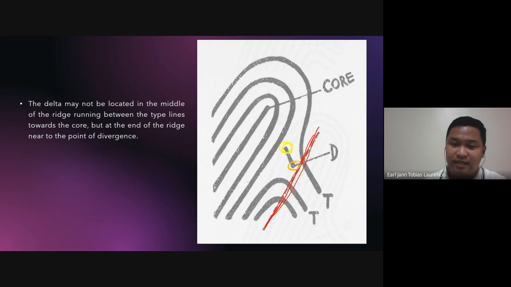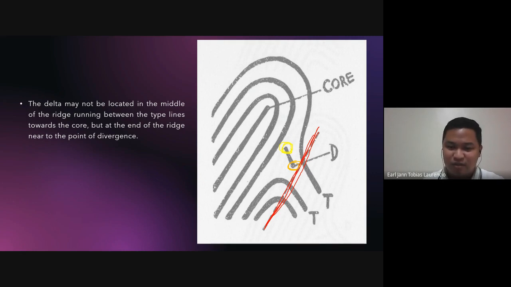Now, the rule is we will be selecting the tip or the end which is near the point of divergence. Therefore, we will be selecting the tip encircled with orange color. Why? Because primarily it is near the point of divergence. Okay? I hope that is clear to you.